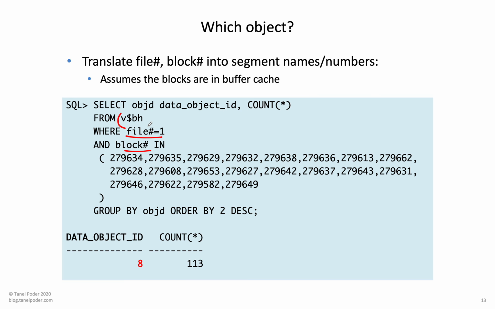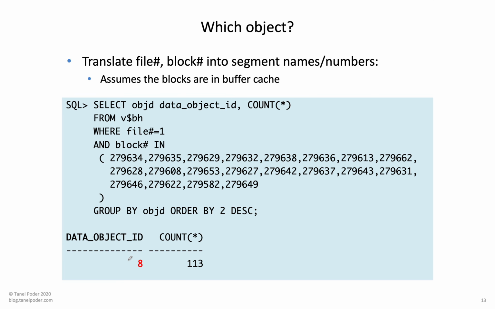So I can query v$bh and just say, show me all data object IDs from the buffer cache where the block ID is in here. And if that doesn't work, then you go to DBA extents and query that.